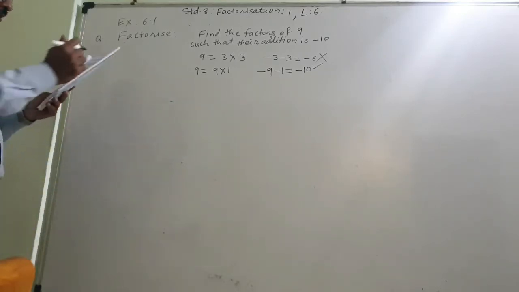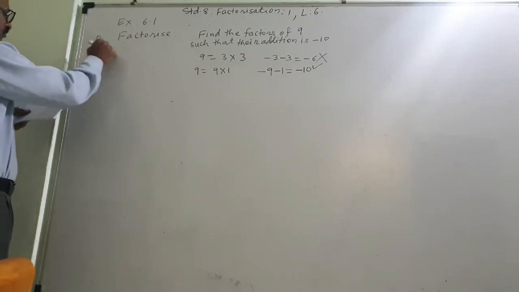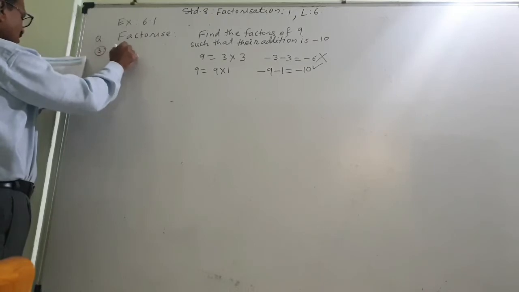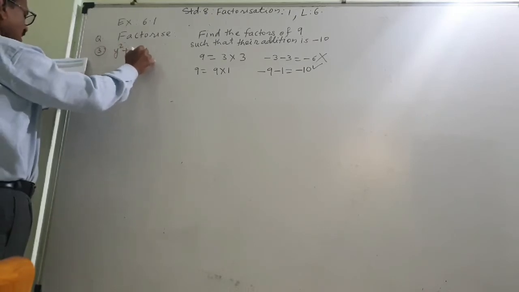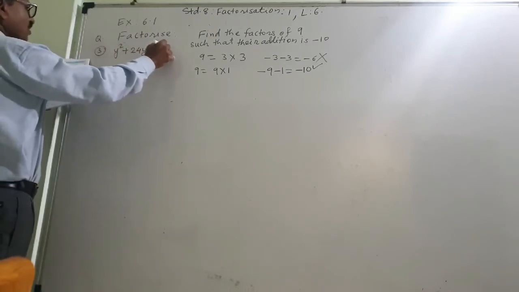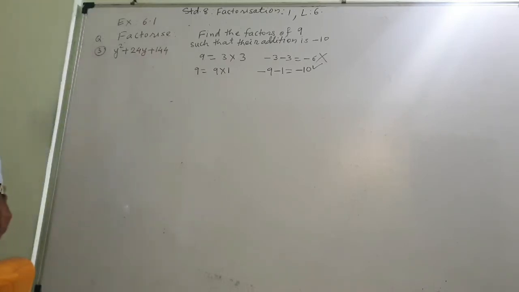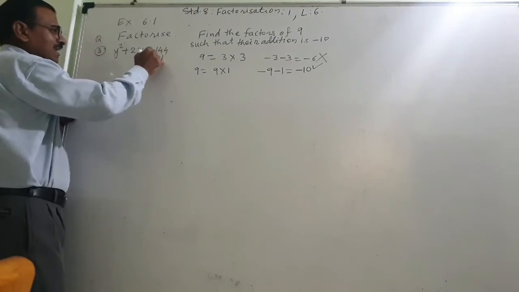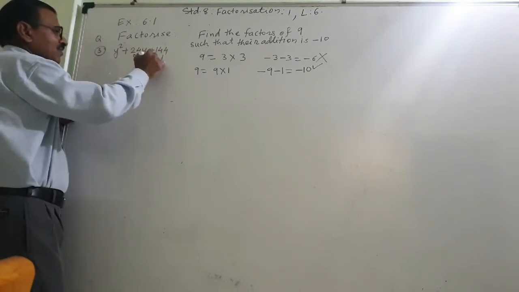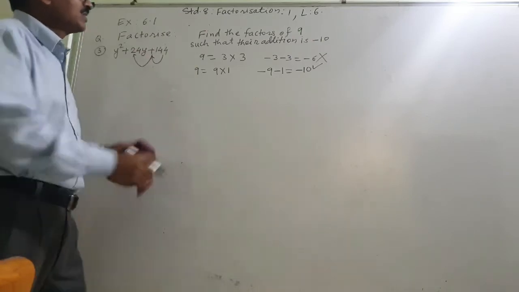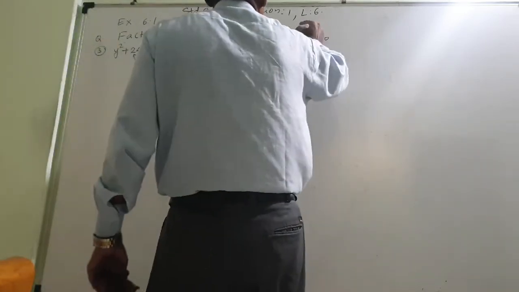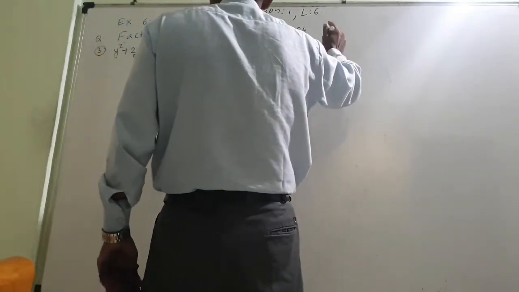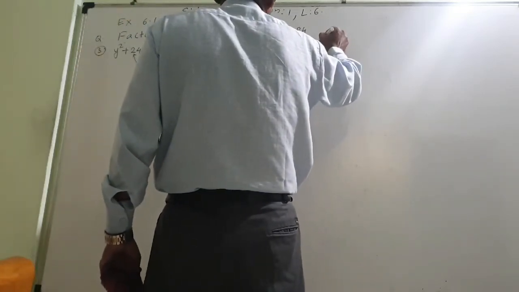I will go for the third sum. The third sum is y square plus 24y plus 144. So find the factors of 144 such that their addition is 24.